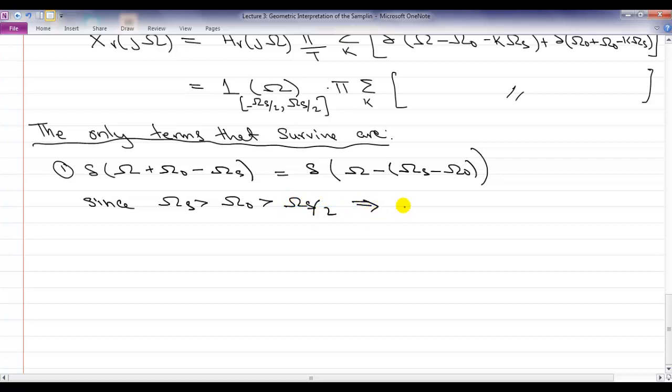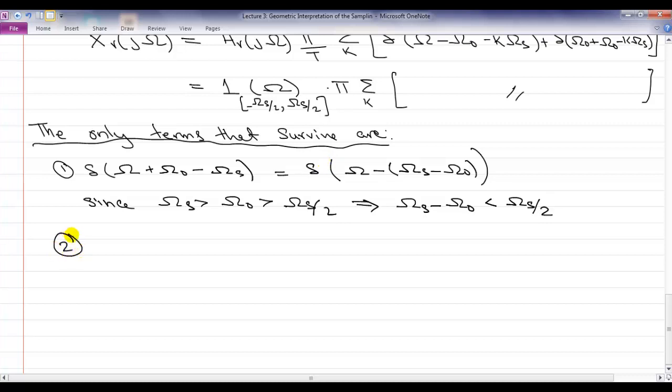That is our assumption that we don't satisfy the Nyquist criterion, which implies that ωs minus ω0 is less than ωs by 2. So this impulse is going to lie in the region between minus ωs by 2 and ωs by 2.